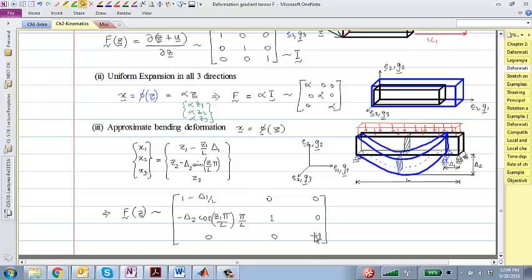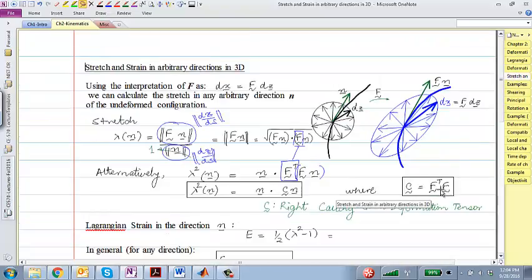If you have an unsymmetric matrix, or any other general matrix, and you do F transpose F, would that be symmetric? That would.